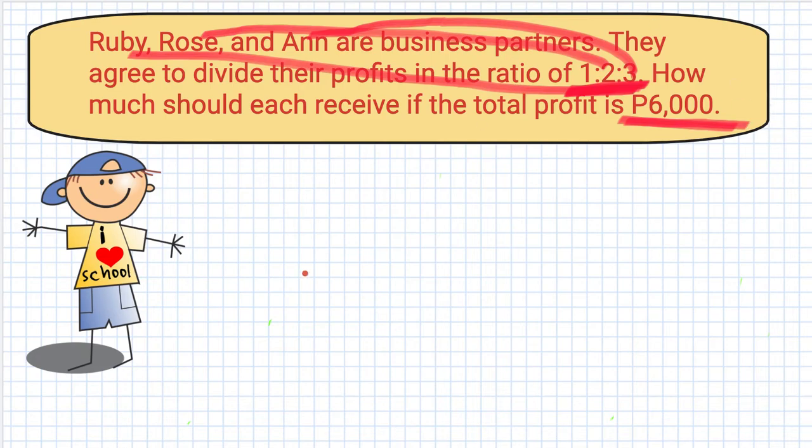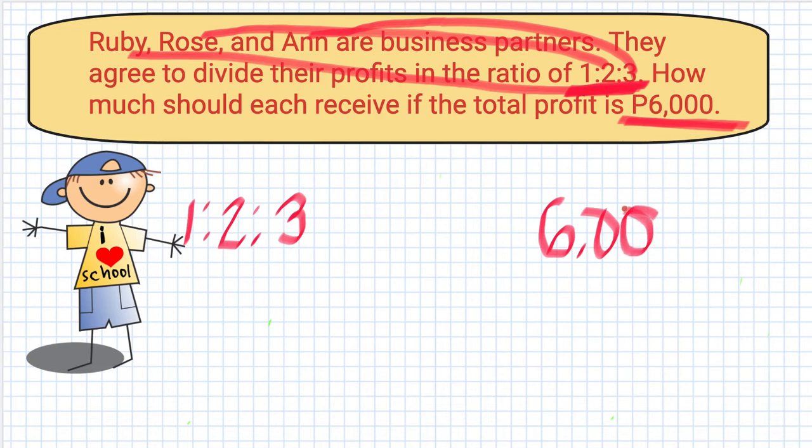So again, we need to find the ratio 1:2:3. This will be the ratio of their sharing. The total amount of profit is 6,000. How much should Ruby, Rose, and Anne receive?